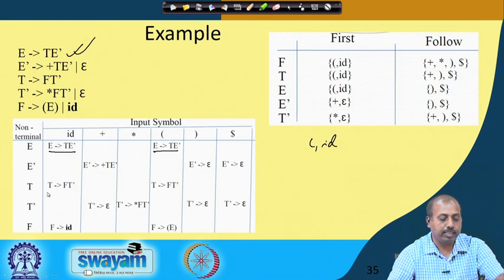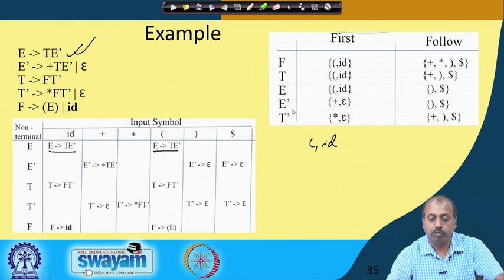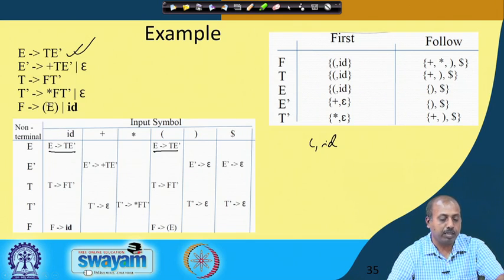Then coming to the rule T producing F T dash. First of F T dash is equal to first of F, that is bracket start and ID. So, we have added T producing F T dash under bracket start and ID. Now comes T dash producing star F T dash. By a similar rule, the first of star F T dash is equal to star.